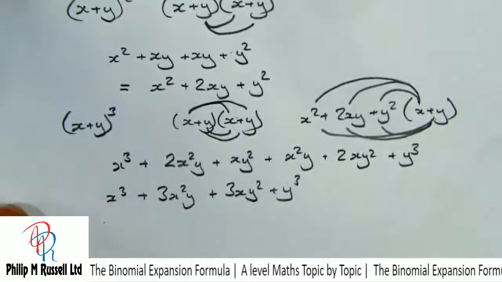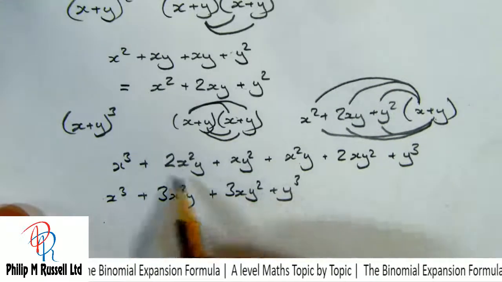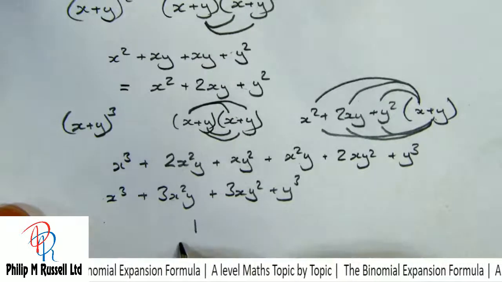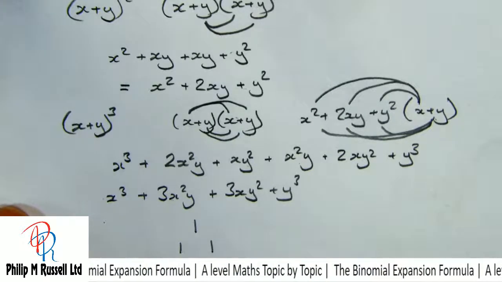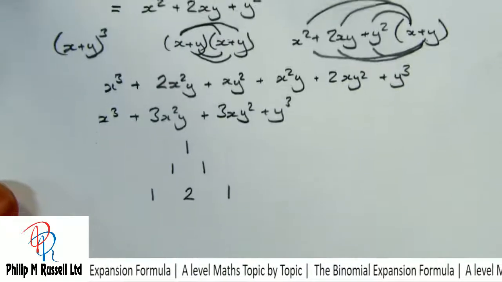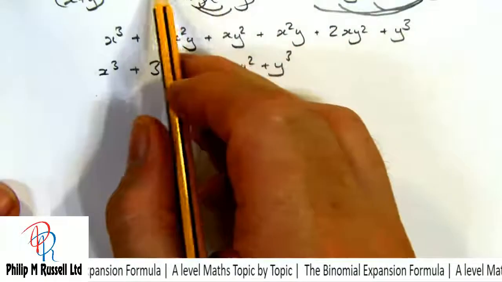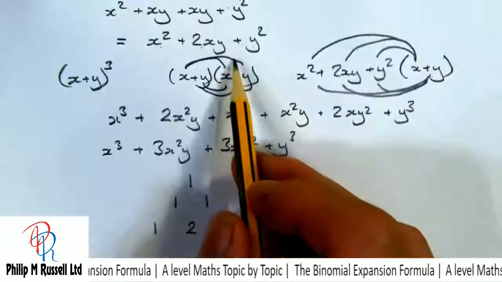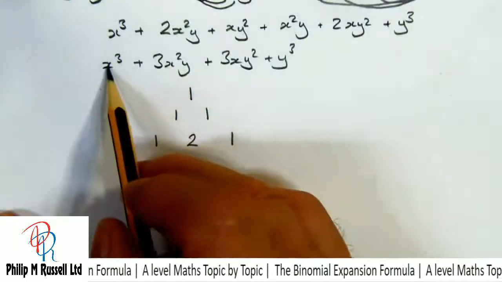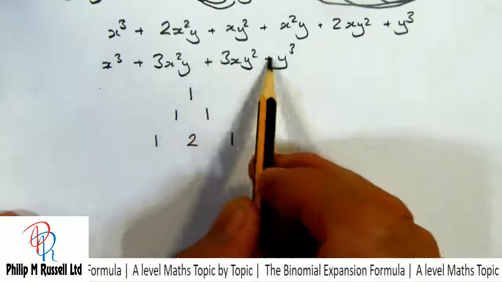Now this is giving me a set which is looking something like this. I've got a 1, 2 and a 1 up there. Down here I've got 1, 3, 3, 1.